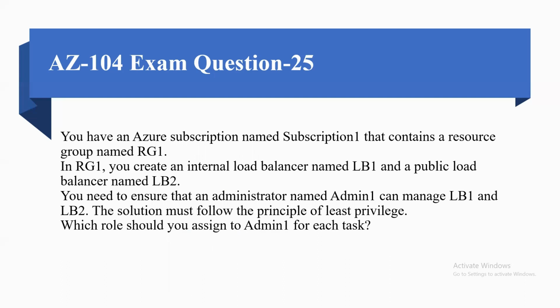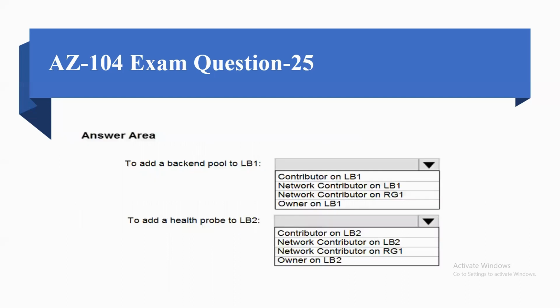The solution must follow the principle of least privilege. Which role should you assign to Admin1 for each task? To add a backend pool to LB1, the options are Contributor on LB1, Network Contributor on LB1, Network Contributor on RG1, or Owner on LB1.